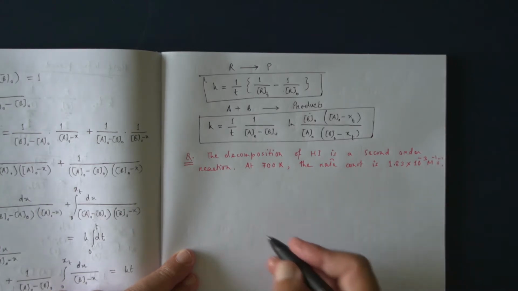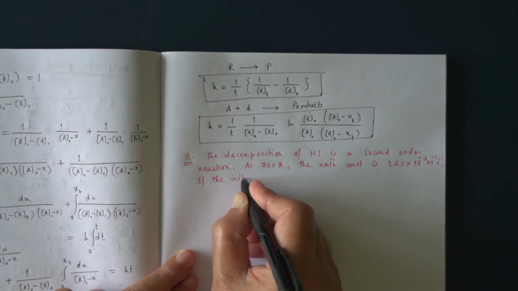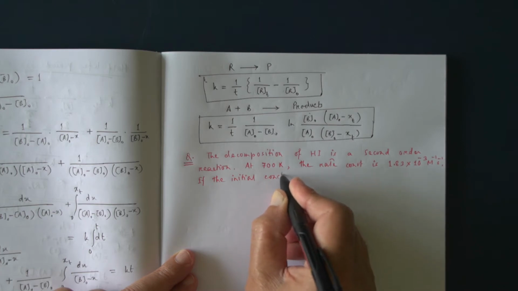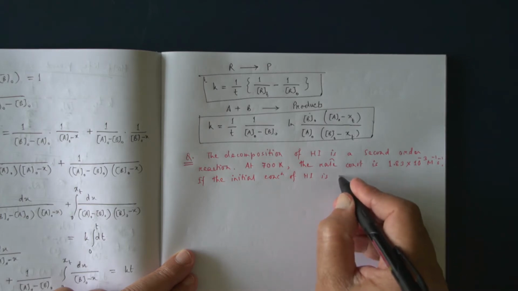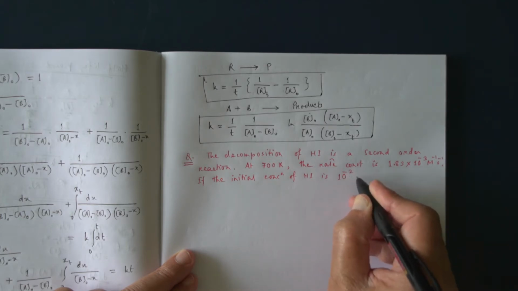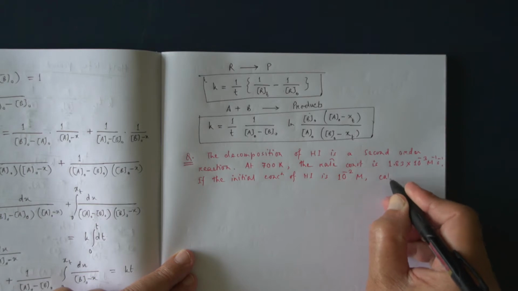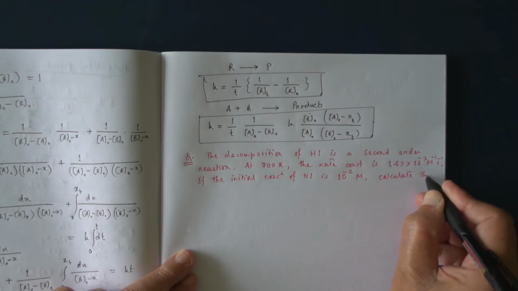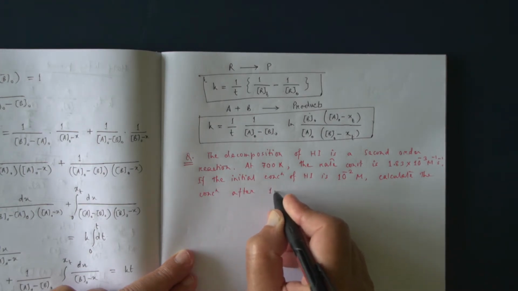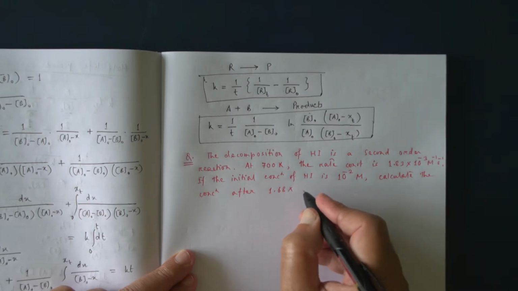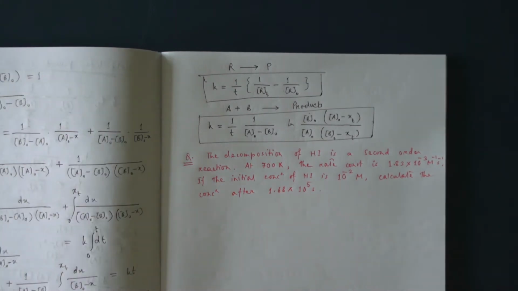If the initial concentration of HI is 10 to the power minus 2 molar, calculate the concentration after 1.68 into 10 to the power 5 second. Okay, so this is the problem.